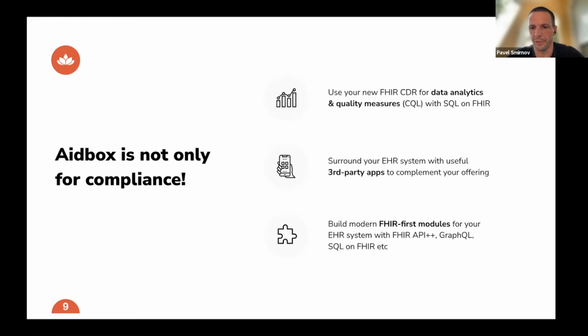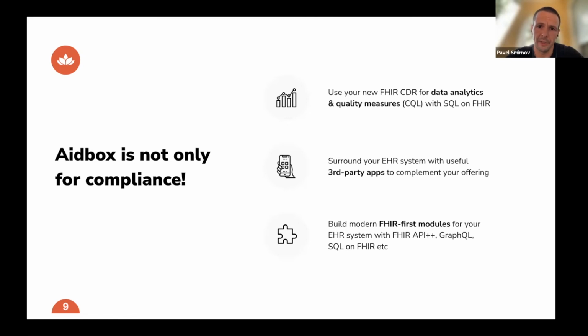You can build FHIR-first modules for your EHR system. Some of our clients call Aidbox API FHIR API++ because it complements FHIR with many useful functionalities. There is also GraphQL available, SQL on FHIR, granular access control, custom resources, a lot of interesting features which help to build powerful applications on top of Aidbox.